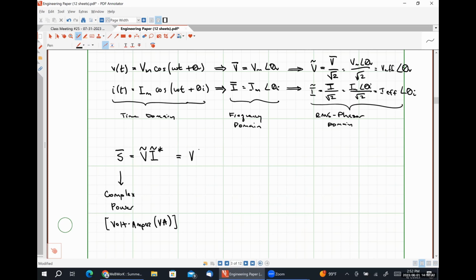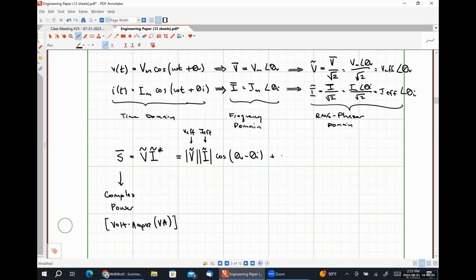So that's going to be the magnitude of our RMS phasor voltage times the magnitude of our RMS phasor current times the cosine of theta V minus theta I. And by the way, this magnitude here is nothing more than V effective, and this magnitude here is nothing more than I effective, so that we get V effective, I effective, cosine theta V minus theta I. That's the real part, plus j, magnitude of the voltage, magnitude of the current, sine theta V minus theta I.